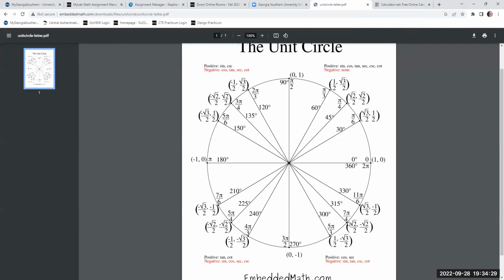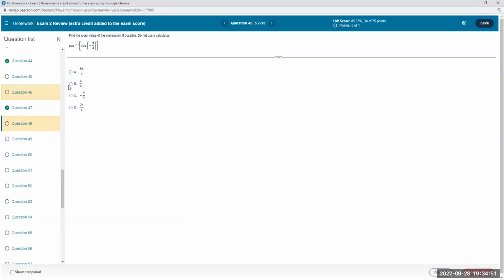And so if you want to look at the corresponding angle for cosine, you're going to be at this x coordinate, square root of 2 over 2. So you're going to be in the first quadrant at pi over 4. So that is the correct choice there.